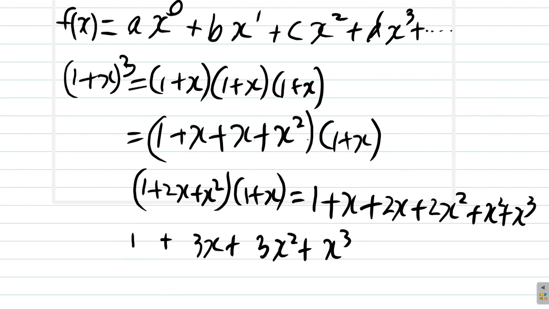So here we have 1 x to the 0 plus 3 x to the 1 plus 3 x to the 2 plus 1 x to the 3, which is a power series. We can see our number times x to the 0 plus number times x to the 1 plus number times x squared plus number times x cubed. This number is 1. So that's an example of a power series.